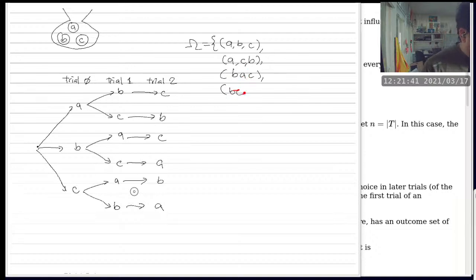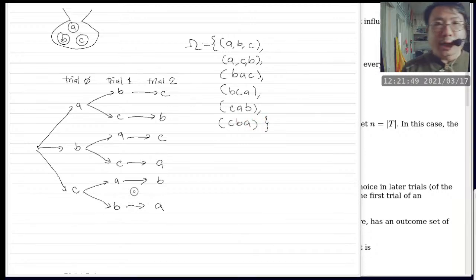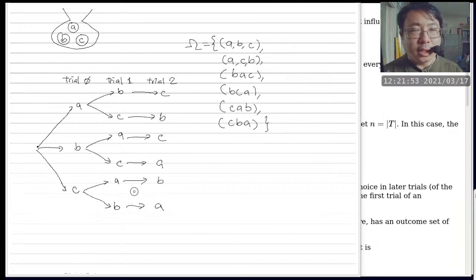And then we have B, C, A, and then C, A, B, and then C, B, A. So that would be our omega in this case. This is the omega of having 3 trials when the first trial has the choices of A, B, or C. So are we still doing okay with this explanation?